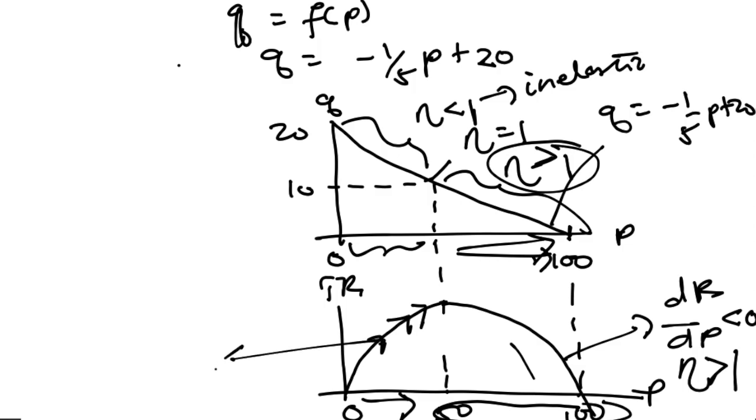This one is the opposite. But at this point, the maximum point of total revenue, dR over dP equals 0. Total revenue is flat, and elasticity is equivalent to 1. So that's the relationship that we can see.